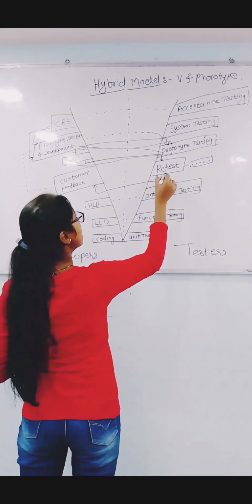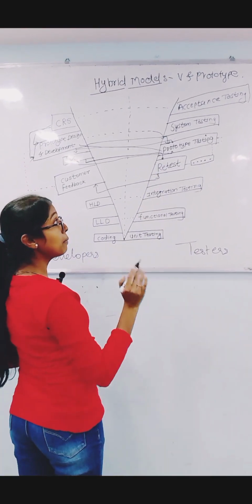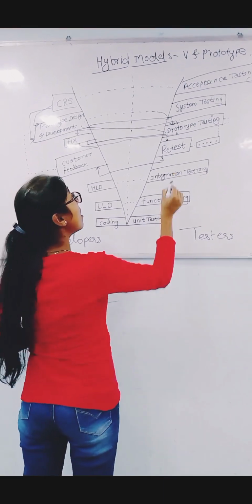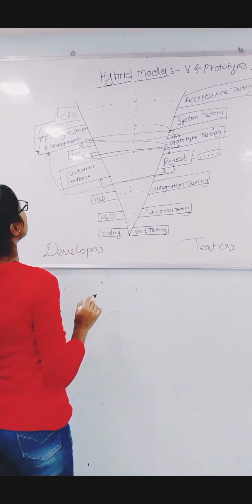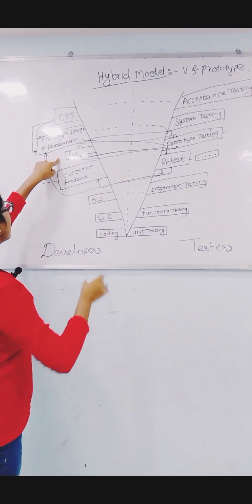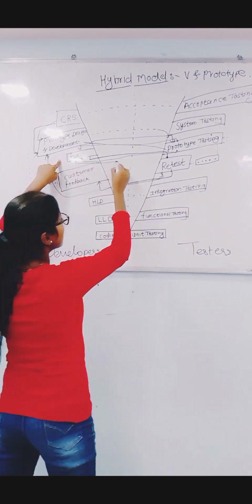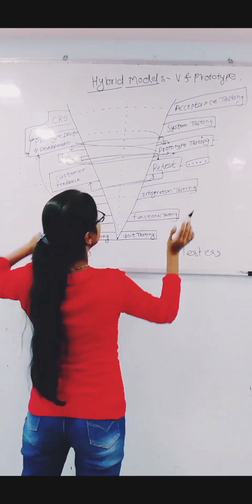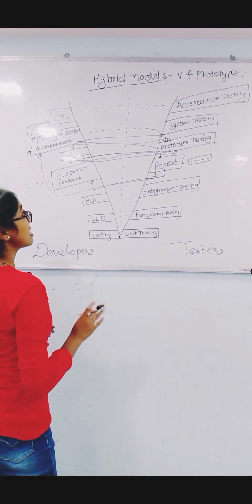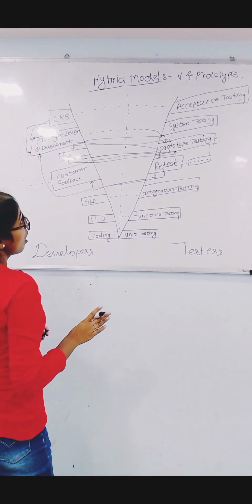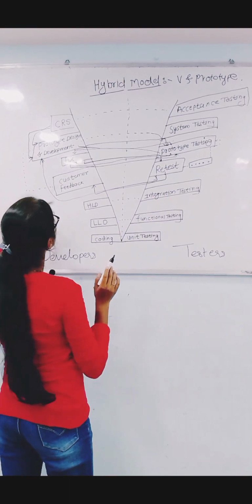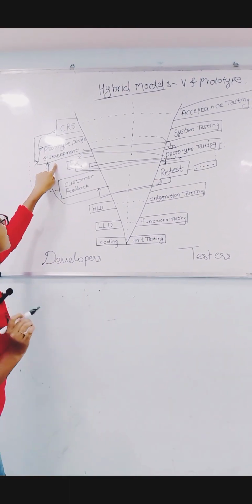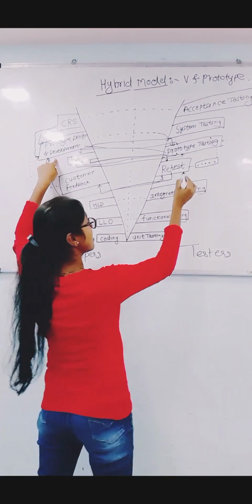After retesting, if they find any bug or defect in the model, it is sent again to the developers, and the developers go and fix that defect. After fixing the defect, it is sent again to the prototype testing team. Then the tester performs testing on the prototype model. This process happens until the prototype model is stable under the prototype testing.